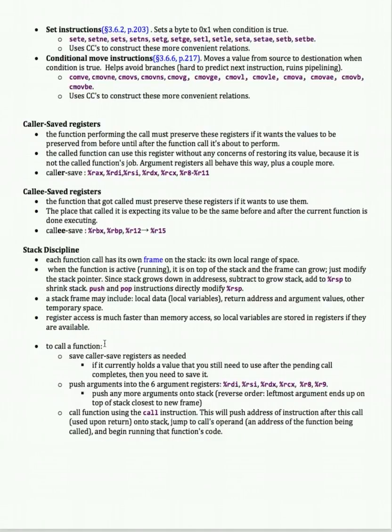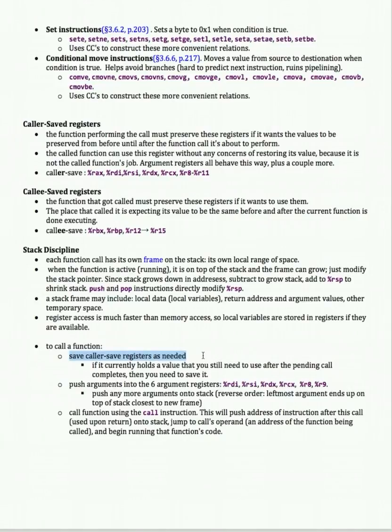Suppose function A again is calling function B, therefore function A is the caller and function B is the callee. In order for the caller, function A, to call function B, this is what is done at the caller side. First, the caller saves caller-saved registers as needed.